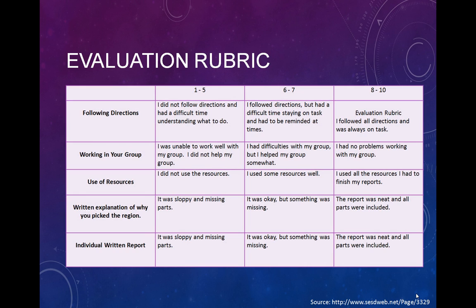The five criteria are following directions, working in a group, use of resources, written explanation of why you picked the region, and the individual written report. Based on the three main point ranges, 1 to 5, 6 to 7, and 8 to 10, I judge the quality and performance of the students.